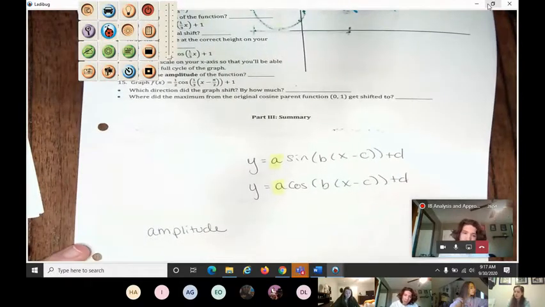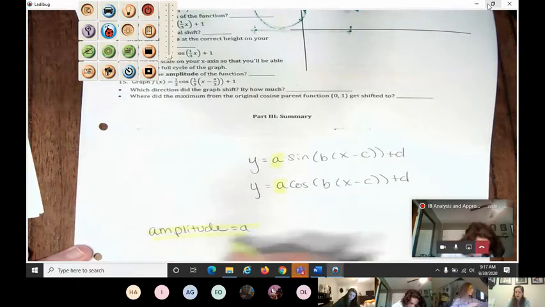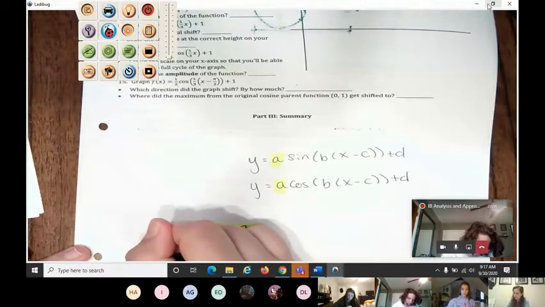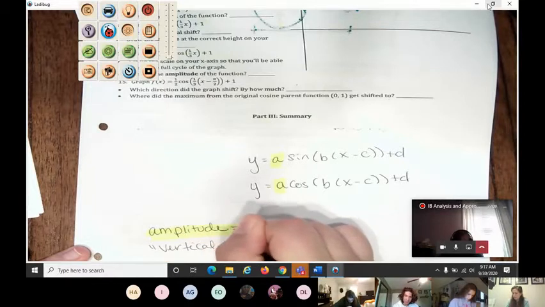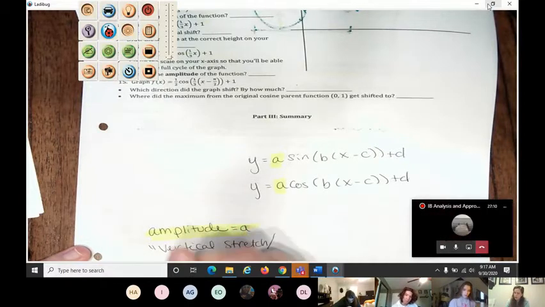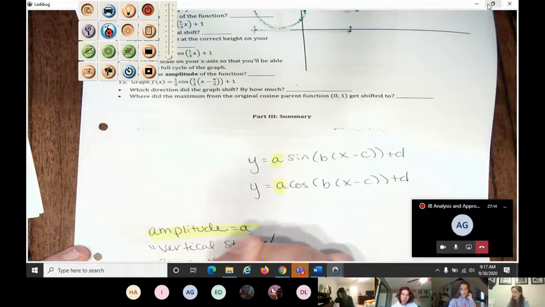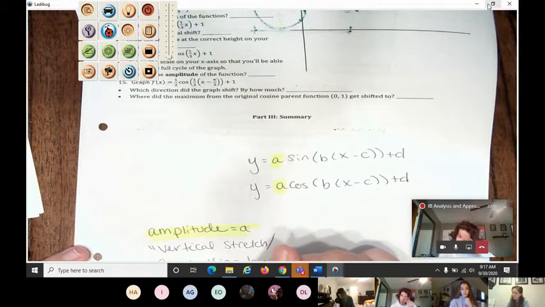So our amplitude was represented by this A, is what you should have found in your investigation. All right, and this is a vertical stretch or compression by whatever value A is.